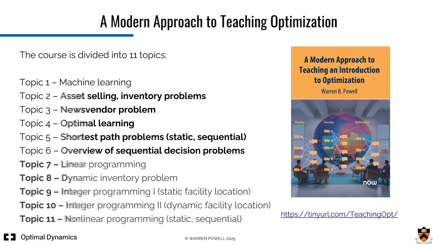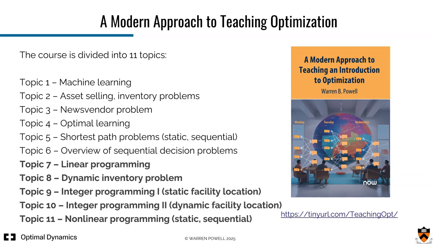Now, starting at topic 7, this is when I first introduce linear programming. I use a network model so you don't have to do some toy two-dimensional problem to understand it. Now, I do linear, integer, and nonlinear programming, and I do each of them two ways, static and then sequential. So sequential linear programming, I think, needs to be taught, but not with Bellman's equation.